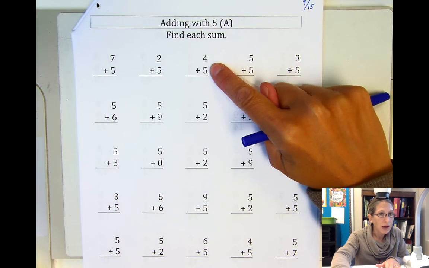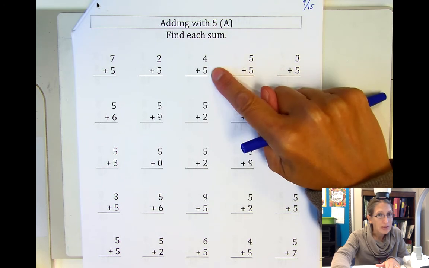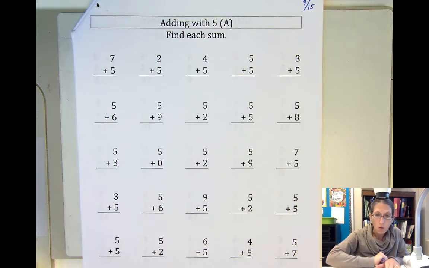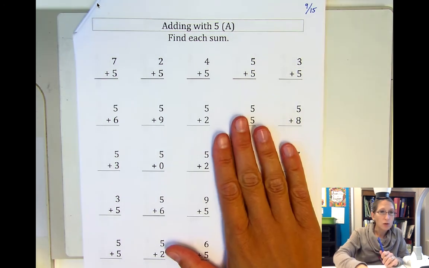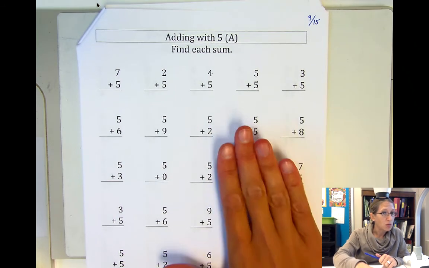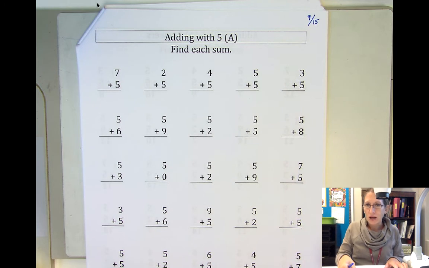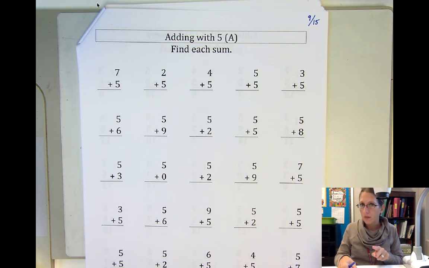Again, keeping that idea of 10 in our minds. So if we know 5 plus 5 is 10, then 5 plus 4 is going to be one less than that. Alrighty, this is meant to take you 1 or 2 minutes, and if that is not a challenge for you, try 30 seconds. So that is our fact practice for today. Go ahead and pause the video if you'd like to do it right now.